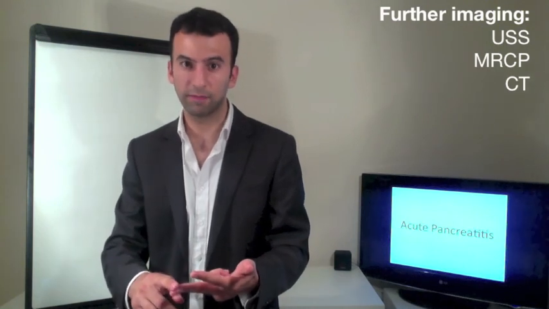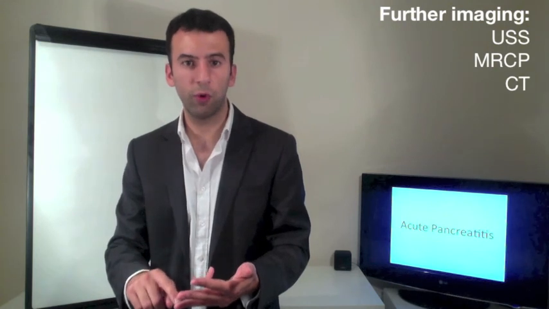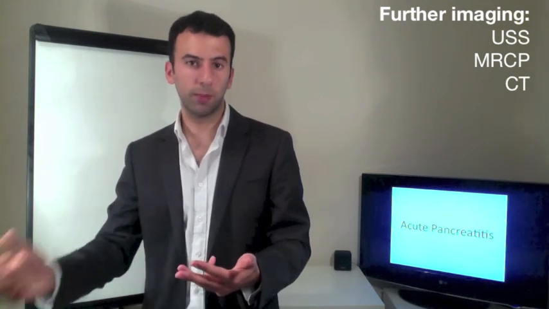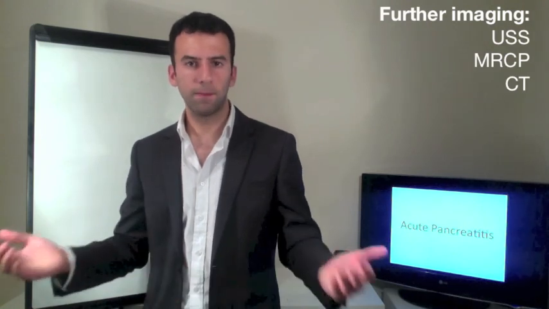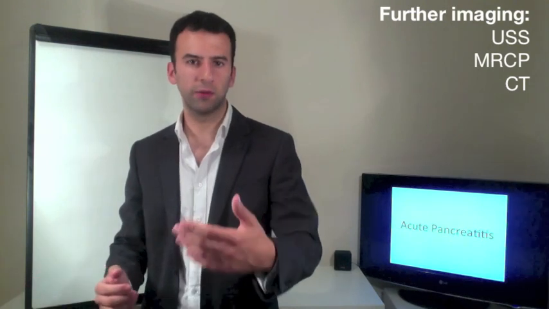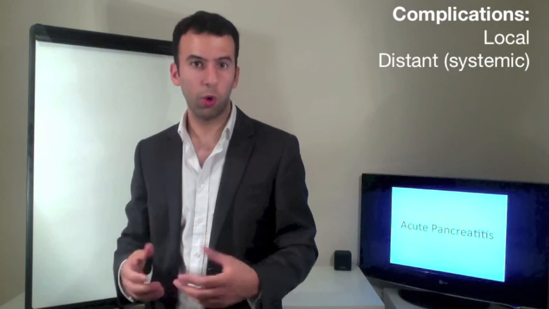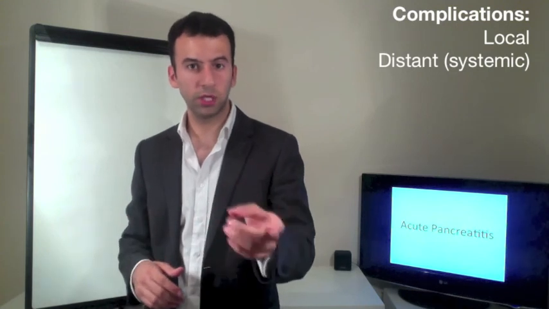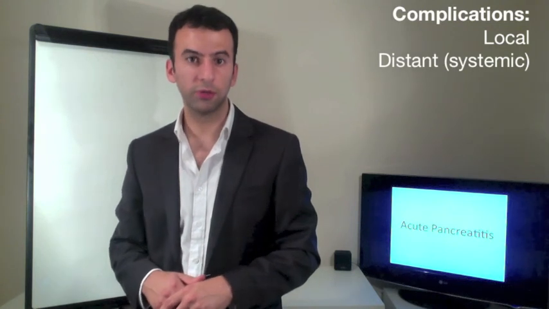I'll say that again because it's very important. And CT scan for investigating complications if a patient deteriorates during their inpatient stay, to see, well, why have they deteriorated? Is there any necrosis, abscesses? And of course that brings us nicely onto complications, which could be local or distant. And to remember them, just think of different organs and that will help you gain some answers.